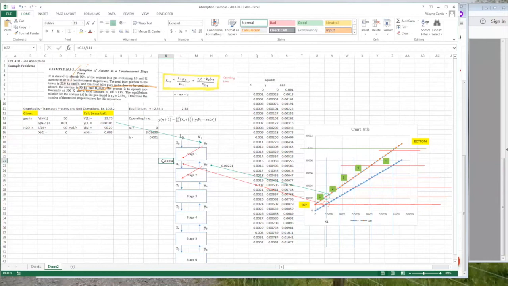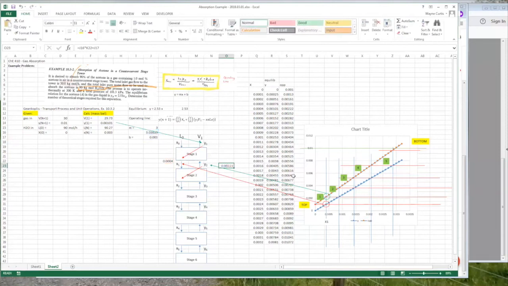So clean water coming in here, and the initial low level of acetone that has been absorbed over here. This number represents the individual number calculated from the operating line. This green circle represents going from here over to what's leaving, as constrained by the mass balance. That'll be y2, and that number is calculated based on the formula of the operating line, which is the slope and the intercept.